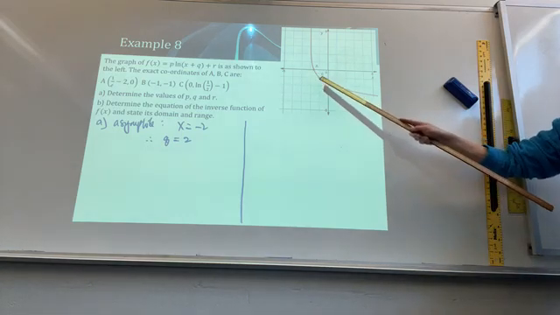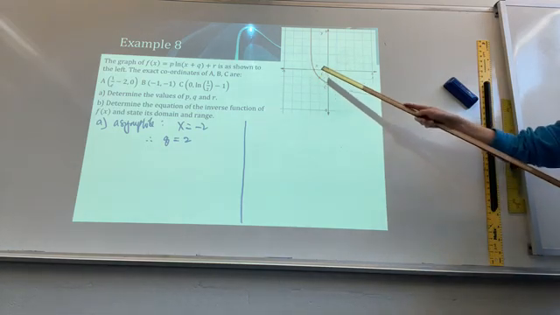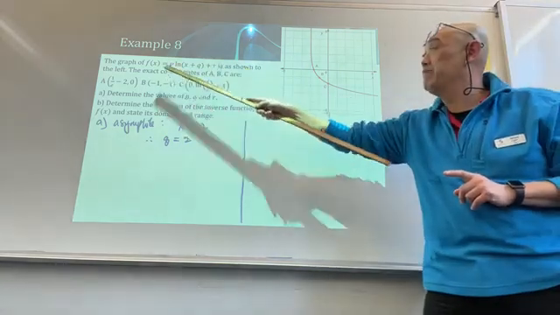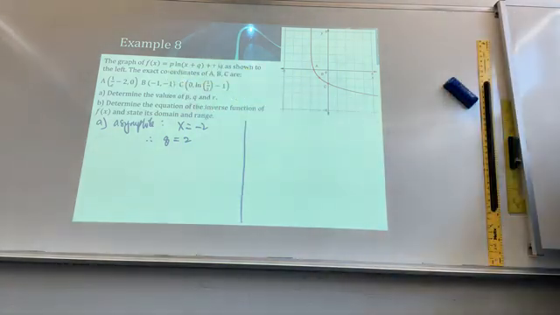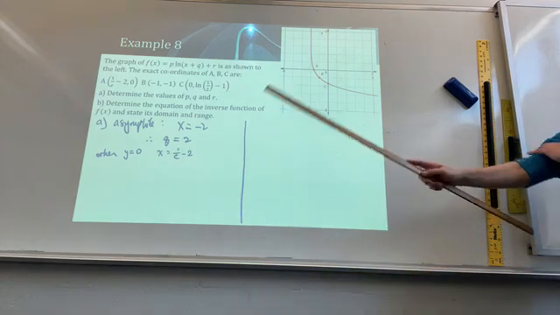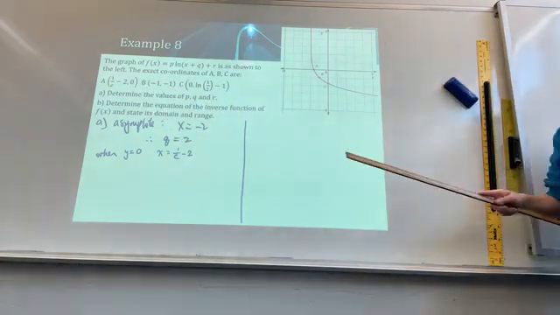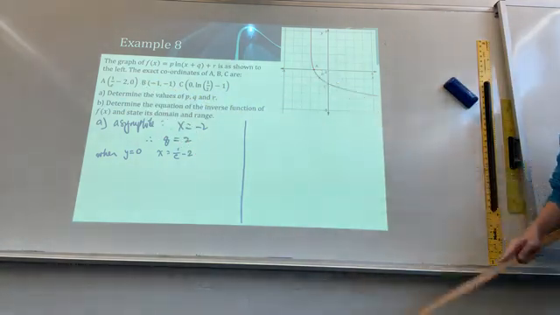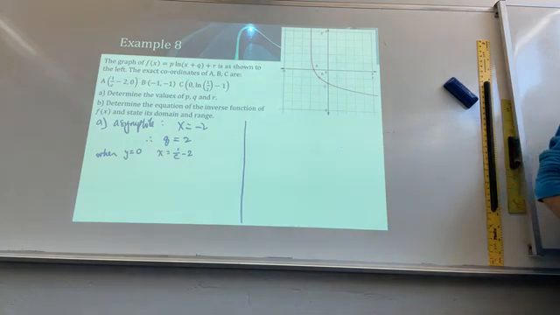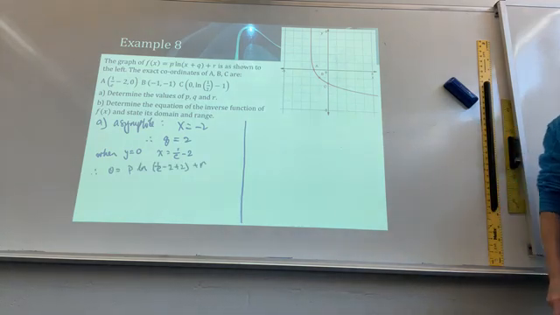P has to be negative. Now you use all this information. What other information could you use to find R and P? It's up to you, but I'll use when y equals 0, which is that point, and we know what x is.